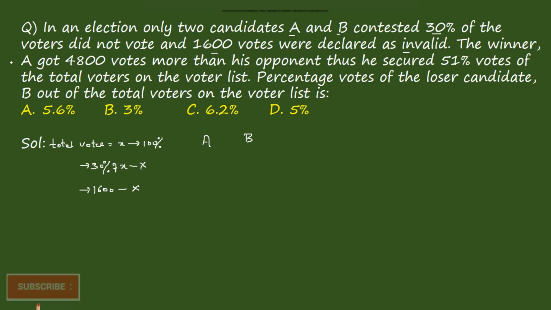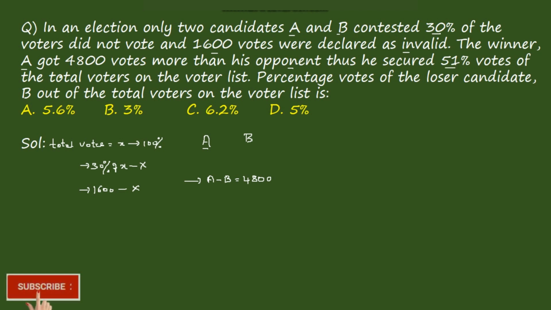Again they are saying A is the winner, who got 4,800 votes more than his opponent. So we consider A minus B is 4,800.